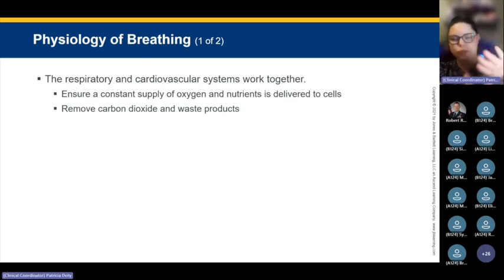So first and foremost, let's go right back to what we said earlier. And I've gotten ahead of myself, but I'm glad I did. We have this constant supply. So air comes in, it goes all the way to the alveoli. The alveoli push it off against the capillary bed. Oxygen goes into the system. The capillary bed takes it to the heart, and the heart takes all of that oxygen and pushes it out to the rest of the body.